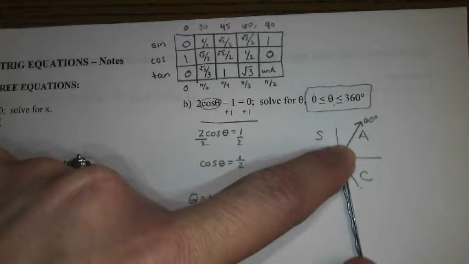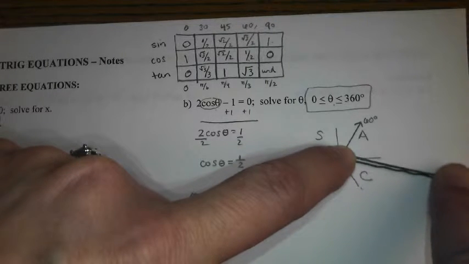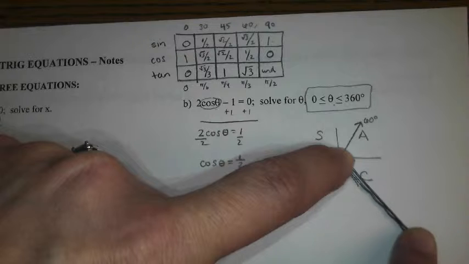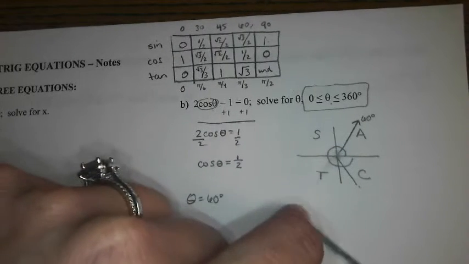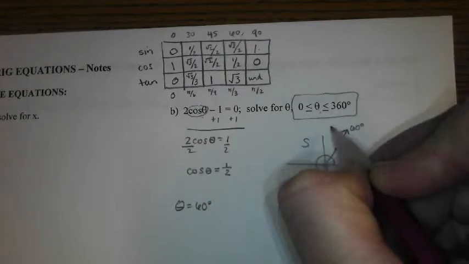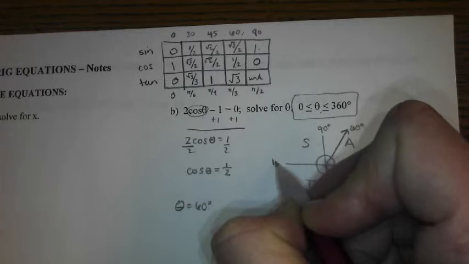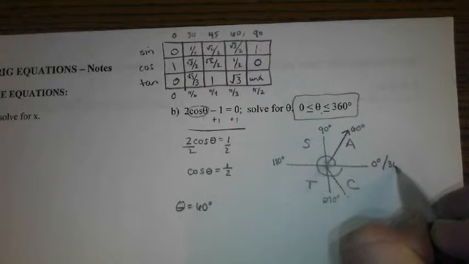And then we want to go, this is 360, but we wanted to be how many degrees shy of 360? 0 degrees, 90 degrees, 180, 270, and this is 360.